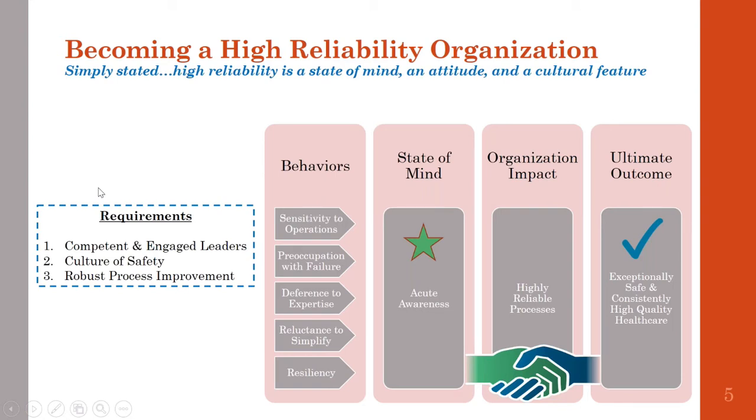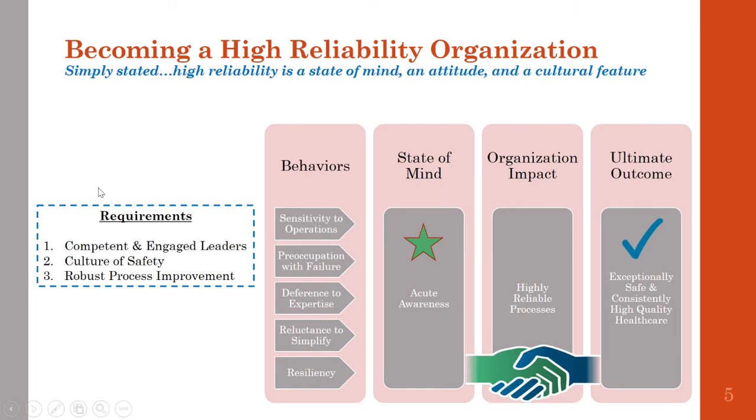High reliability is a state of mind. It's the way you behave. It's a cultural feature. And it's an evolution. And it's not something you complete and you check off and you move to the next trend that we find in discussion. It's actually a business model, and it is the way for which you operate.